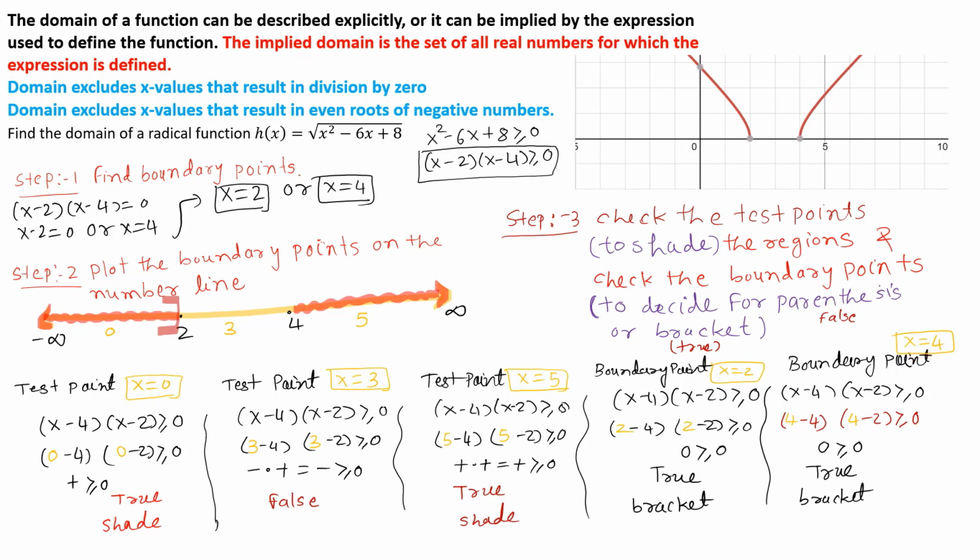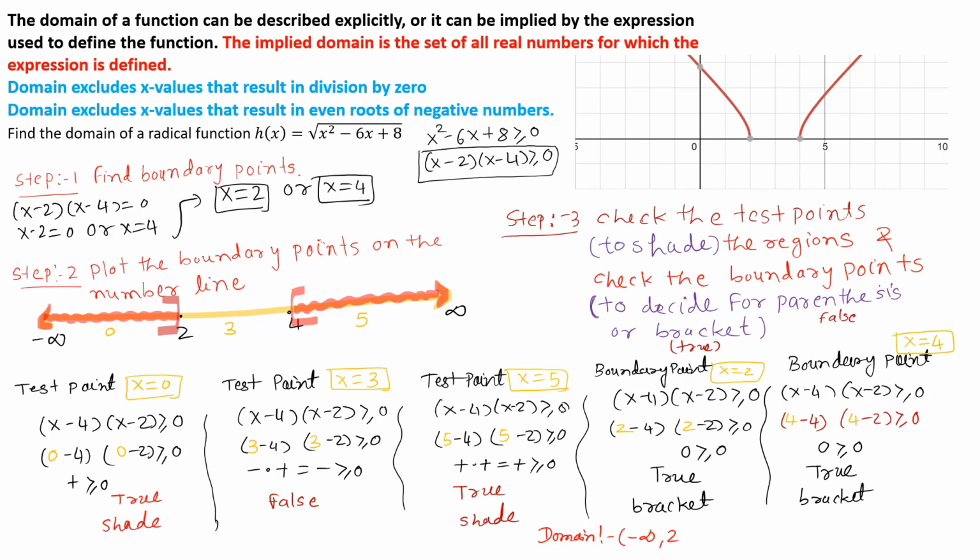So my bracket is going to face the shading part. So my domain for this particular function is from negative infinity to 2 union 4 to infinity.